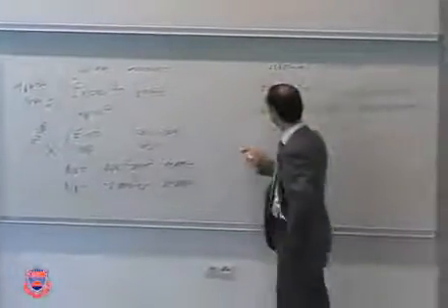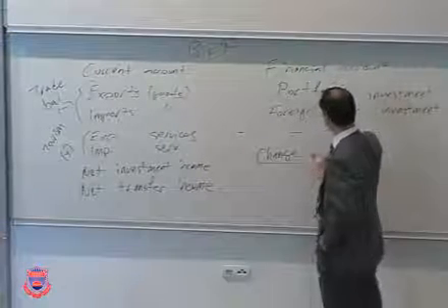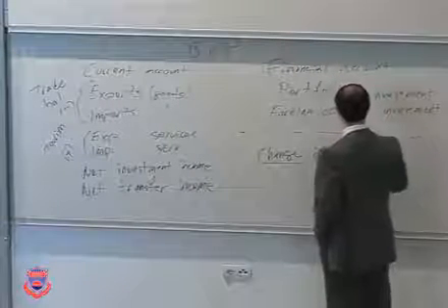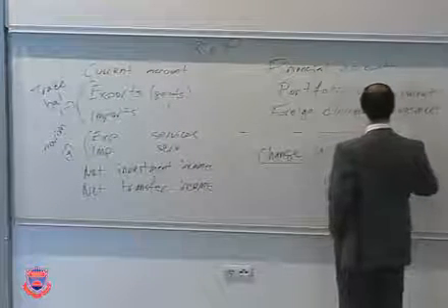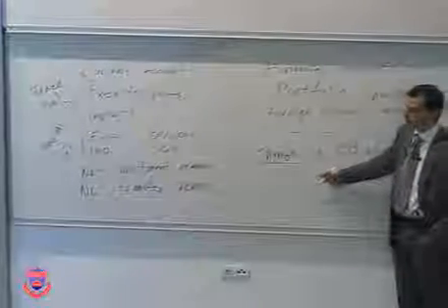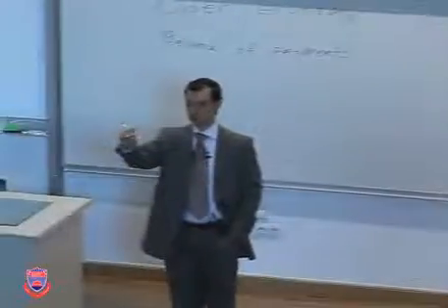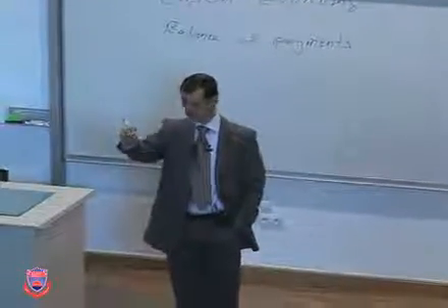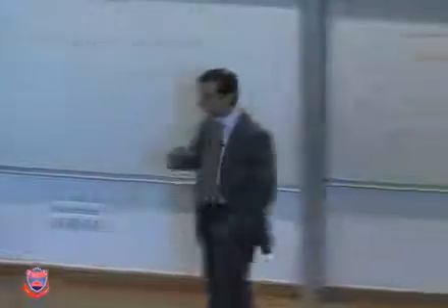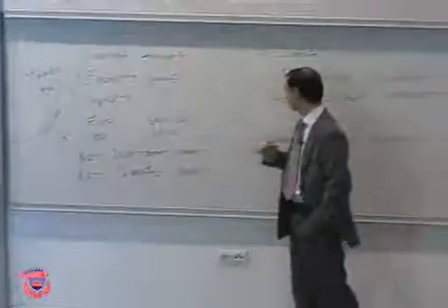So one last item here, this is important, change in central bank reserves. What I could do is to say, here is the Turkish lira equivalent of 25 euros. Okay? I give that. I buy 25 euros.